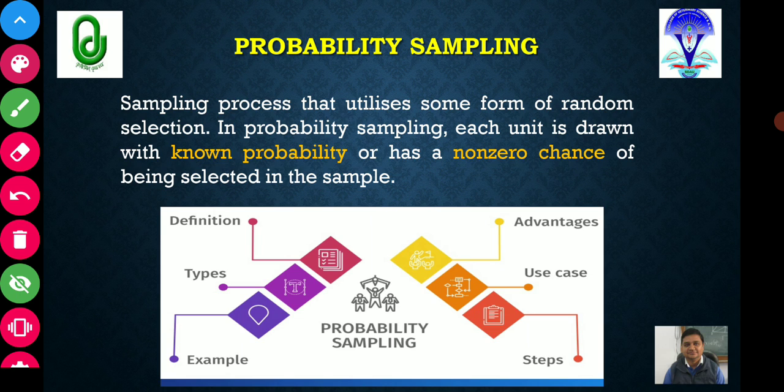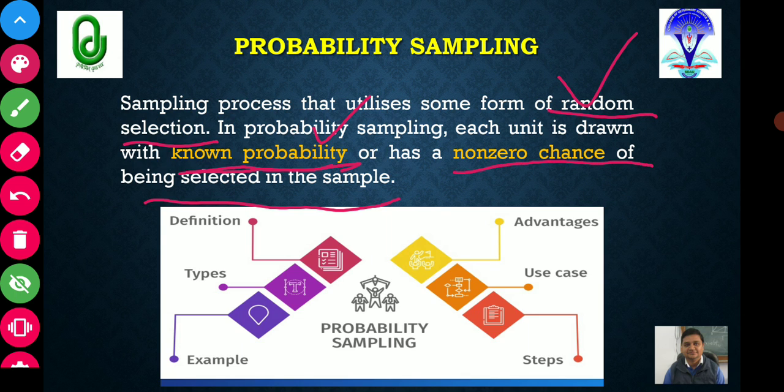So first one is probability sampling. A sampling process that utilizes some form of random selection. So probability sampling means there will be some form of random selection. In probability sampling, each unit is drawn with known probability. So whenever somebody is telling about the probability sampling, that means each of the units will have some known probability, or it has non-zero chance of being selected in the sample.